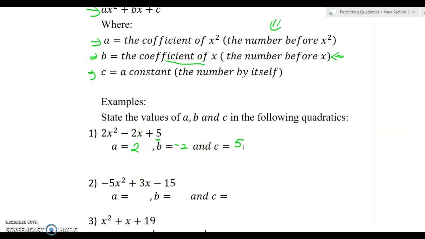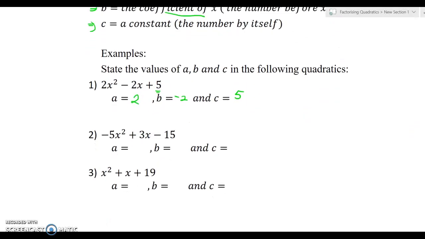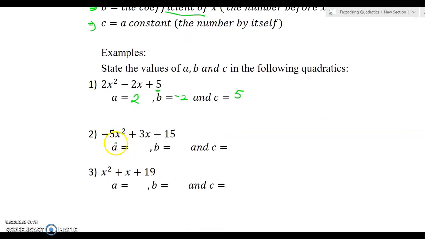All right, let's look at number 2. We have negative 5x squared plus 3x minus 15. Again, a is the number before the x squared, which is negative 5. b is the number before the x, which is positive 3. And c is the number by itself, minus 15, with no letter attached to it.